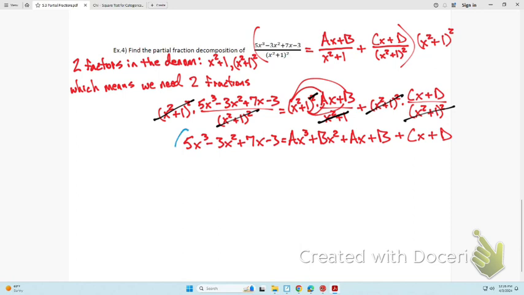So we have the x cubed terms. And look at that. That means 5 equals a. There's one answer right there. That works out pretty nice. We have that equal to that, and there's another answer.